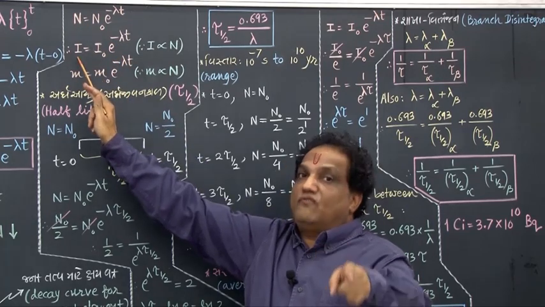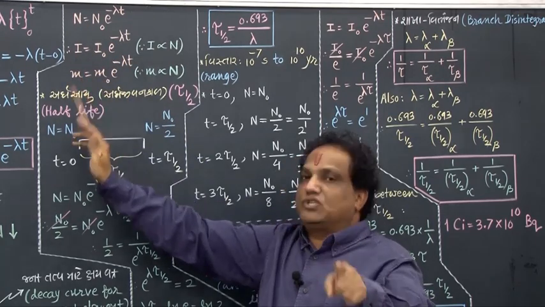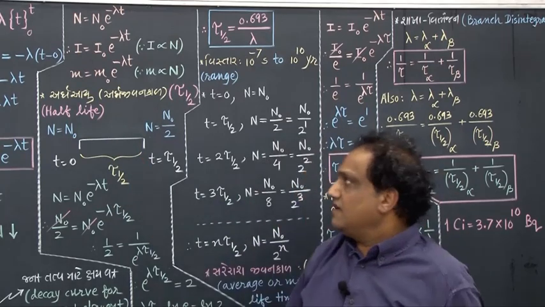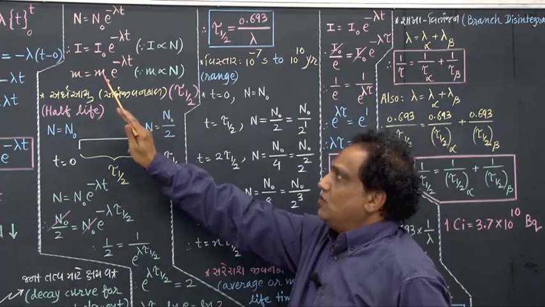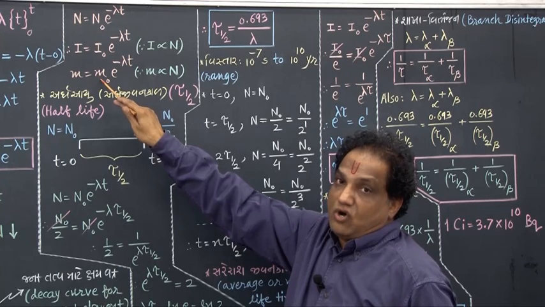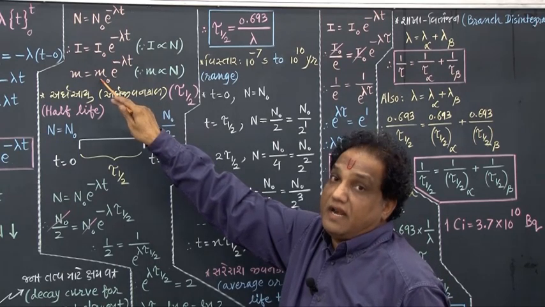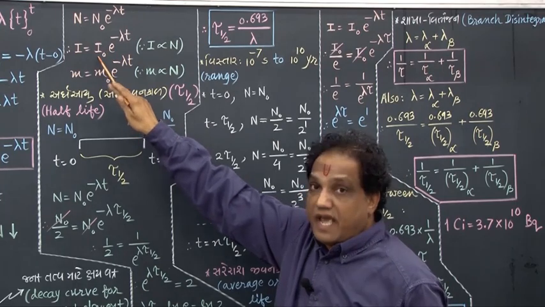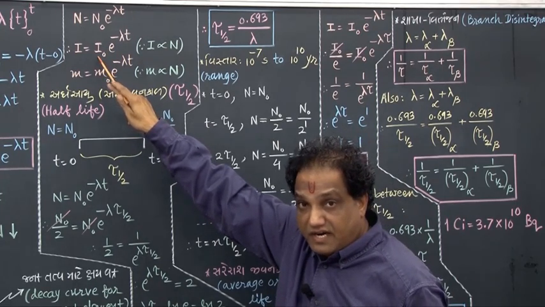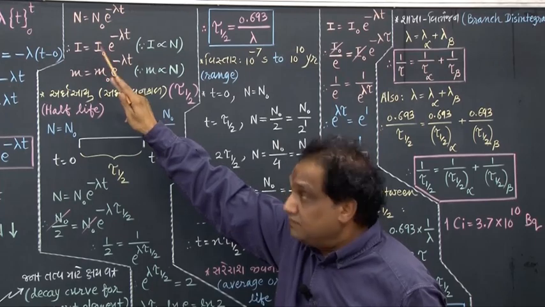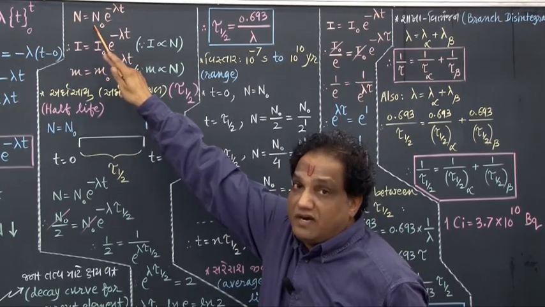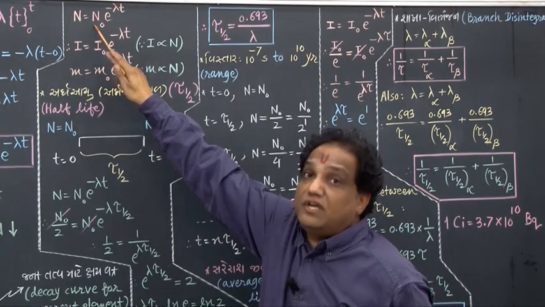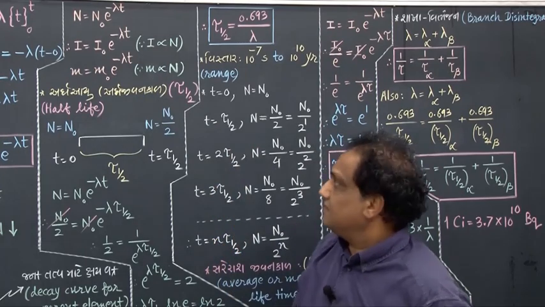This is the exponential law for activity. This is the exponential law for mass. Fine. What is m0? Mass of undisintegrated element at time t equal to 0. This is the activity of undisintegrated element at time t equal to 0. This is the number of undisintegrated atoms at time t equal to 0. Got it? Fine.